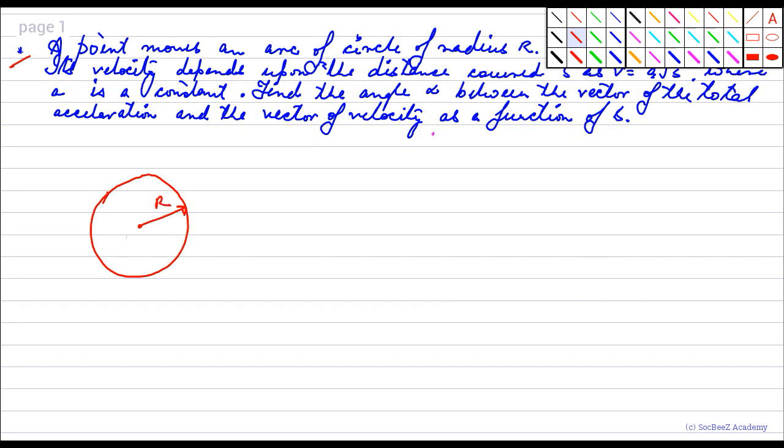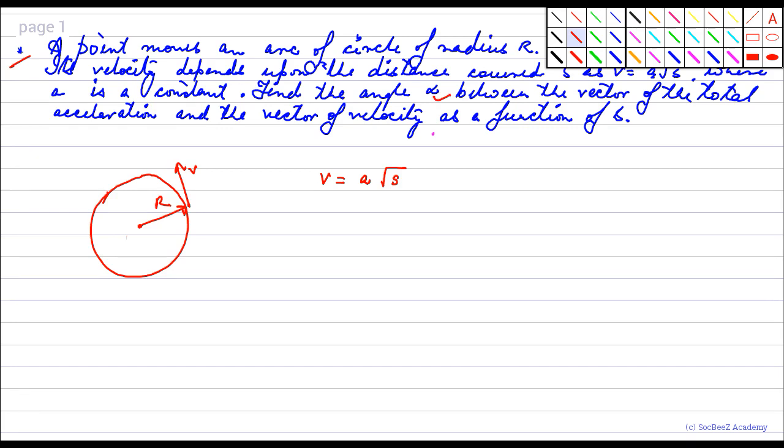Fine. So this point is moving in such a way that the velocity is given by this, where s is the distance which the point has traveled. Okay, so I basically need to find out the angle alpha between the vector of the total acceleration and the vector of velocity as a function of s.